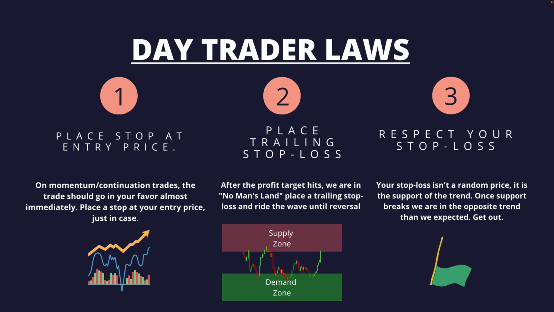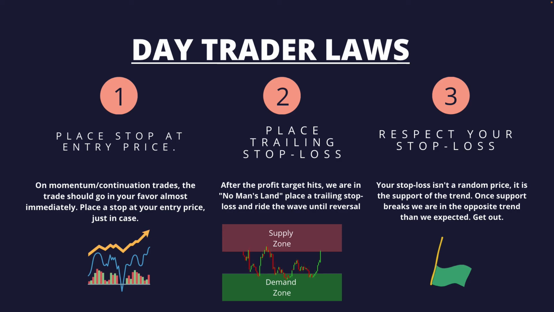Especially if you enter on a retest or a pullback, it should go in your favor almost immediately. So set your stop loss either at your entry price or at the respective pivot low in the direction you're going in. It all depends on your tolerance of risk.